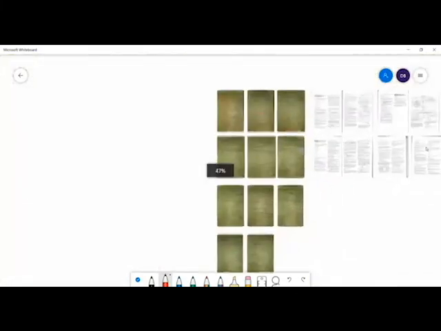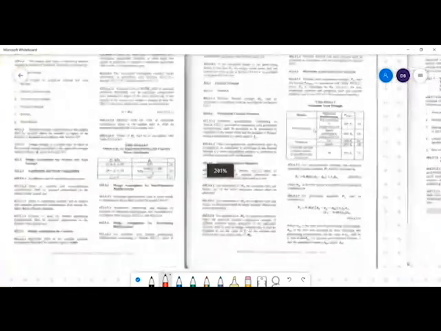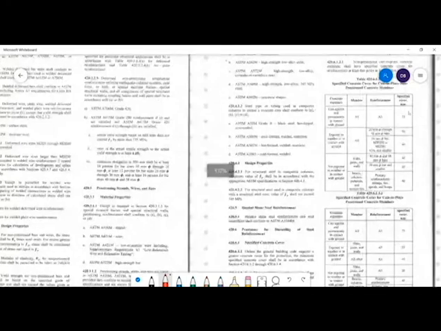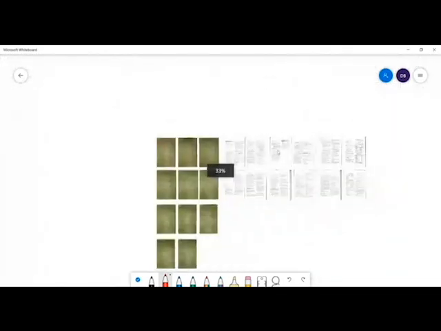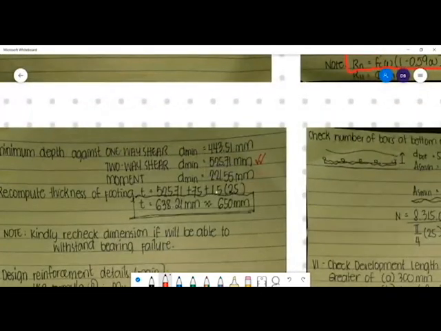Here it is: exposed to weather or in contact with ground, cast against and permanently in contact with ground, the minimum concrete cover is 75 millimeters. So this is where our 75 millimeters comes from. Plus 1.5 times the diameter of the bar.